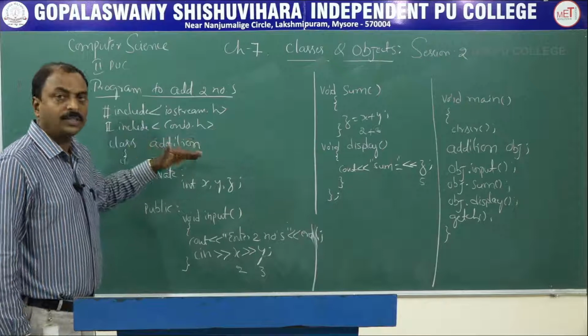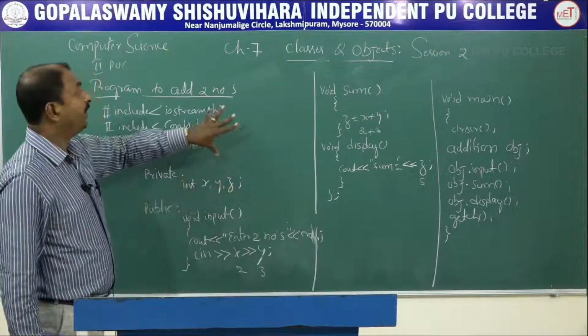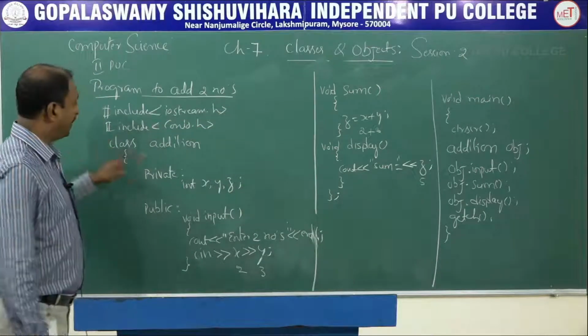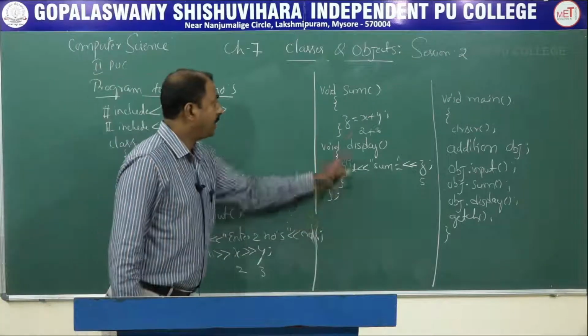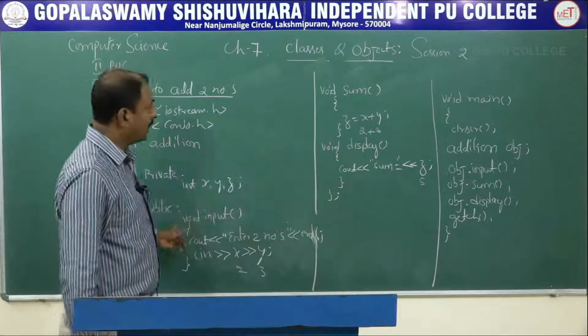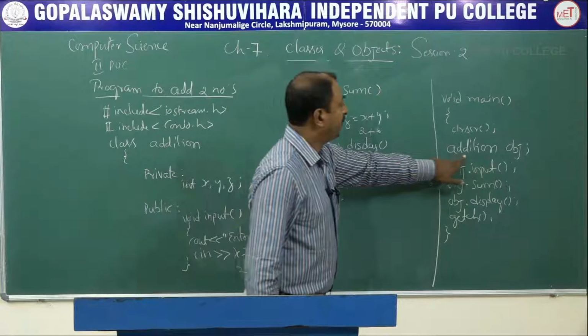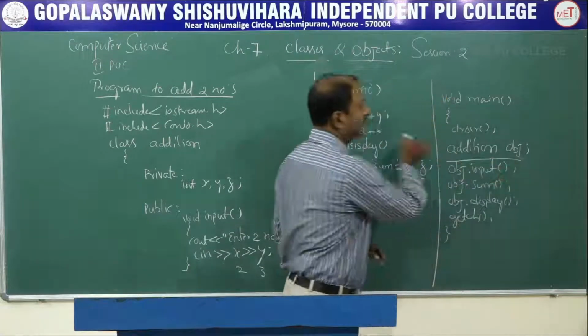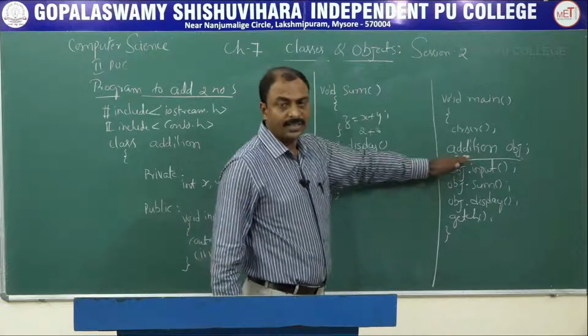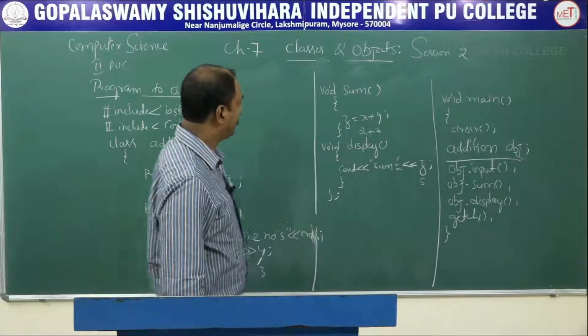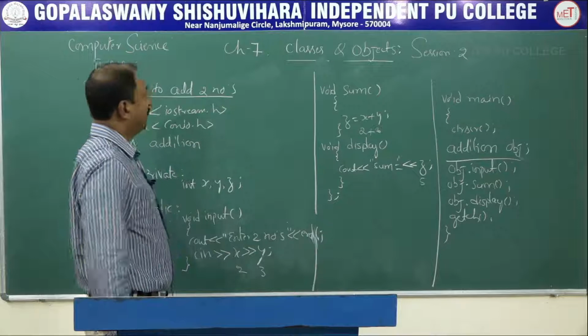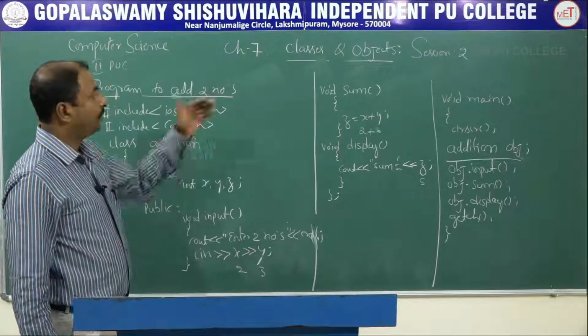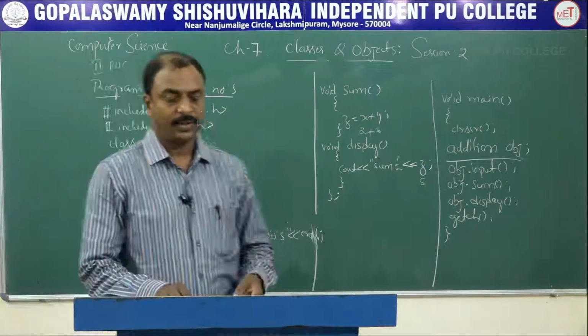In this example, we have explained how to define a class, which I already explained in the previous session, and what is important here is the place where an object is created of a particular class. So this is how to write a program with the help of classes and objects.